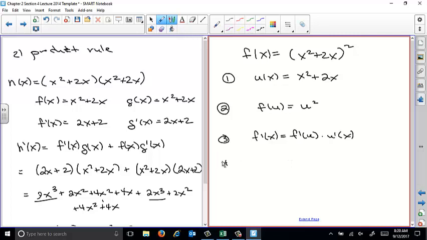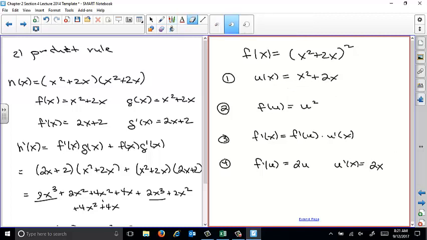So step 4 is to take the derivatives of the two parts. So we go up here, the derivative of this is 2u, just like we'd get 2x if we're taking the derivative with respect to x. u prime of x, the derivative of that is 2x, is x squared?